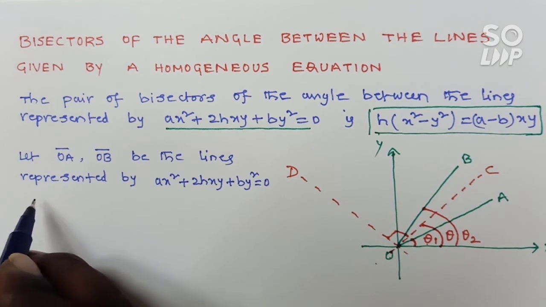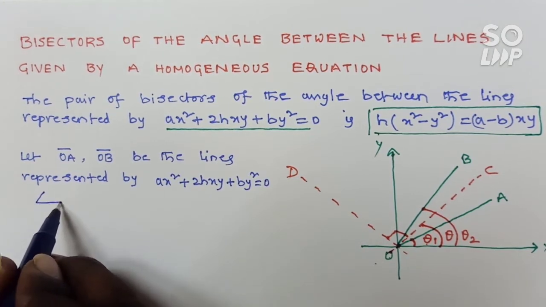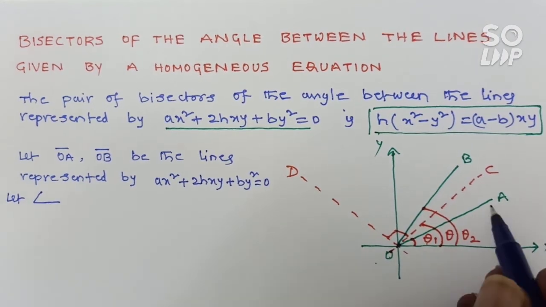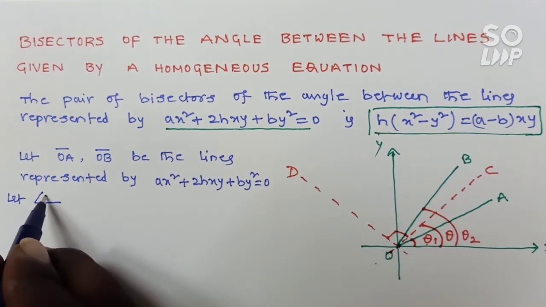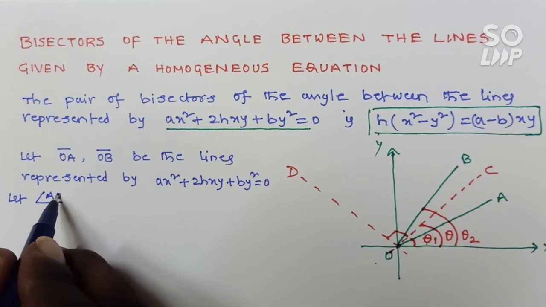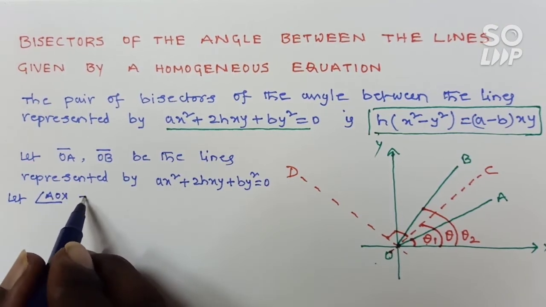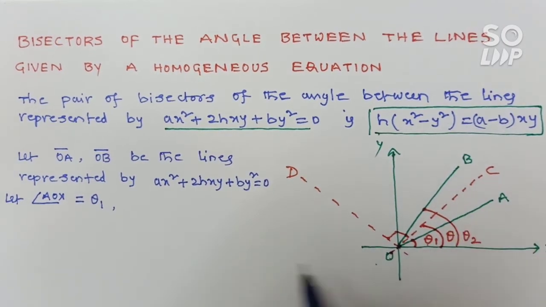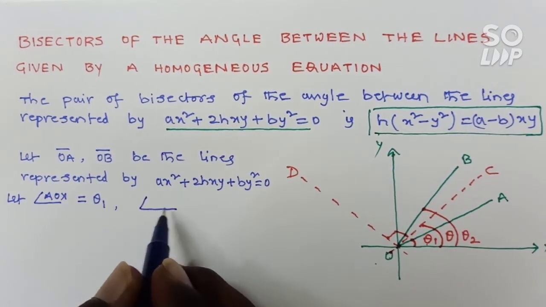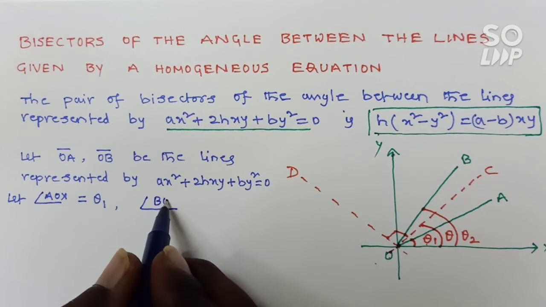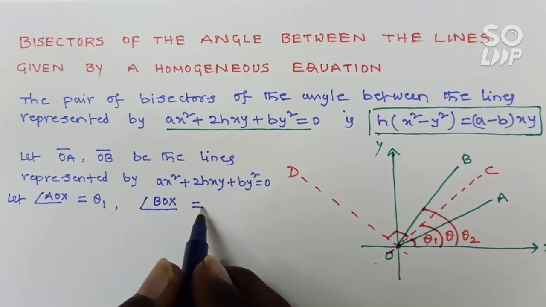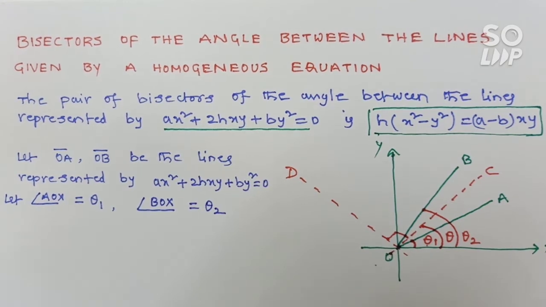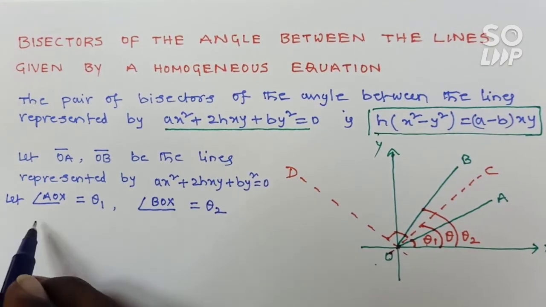Let angle AOX be equal to theta 1, angle BOX be equal to theta 2.